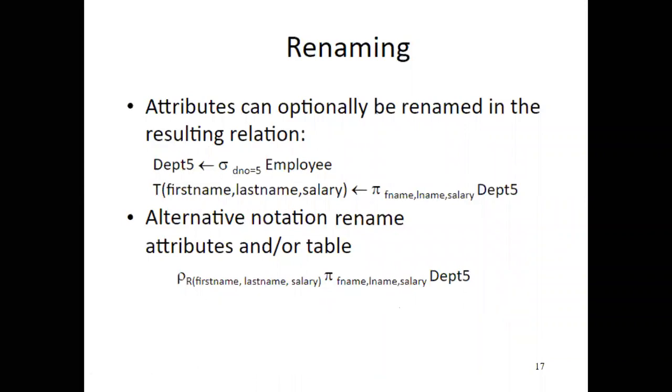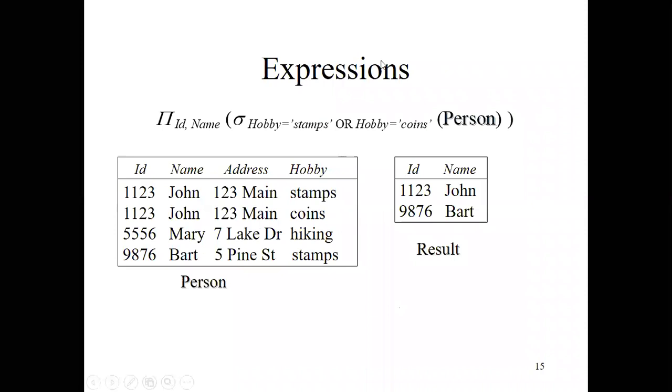Here I applied this expression on the person relation, which is the actual relation in the database. This is the data I have inserted into the database. After applying this relational algebra expression, I get this result as an output relation.